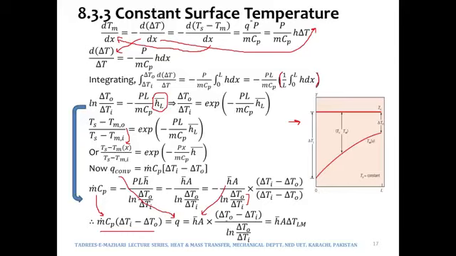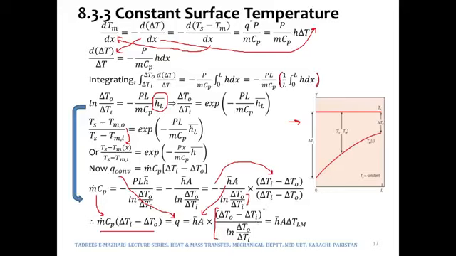Now this negative sign has been multiplied over here, so it therefore becomes delta T naught minus delta Ti over log of delta T naught over delta Ti. So we have log of delta T naught, and then minus log of delta Ti, or delta Ti written in the denominator of the log. So it is in fact H A, it is in fact a form of H A delta T.